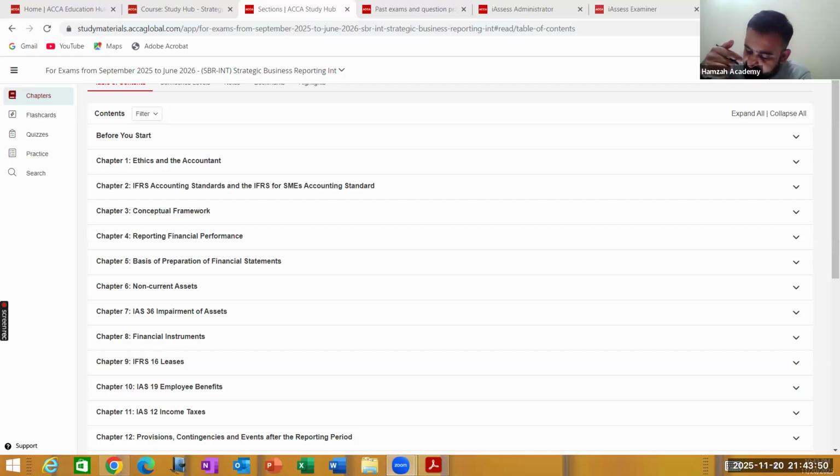Because in these practice sessions, you have noticed that in every requirement, other than the group accounts where you will be given a pre-populated spreadsheet, every requirement involves discussion and explanation. For that purpose, you should have a very good grip on the accounting standards, and that grip can only be achieved if you study them.